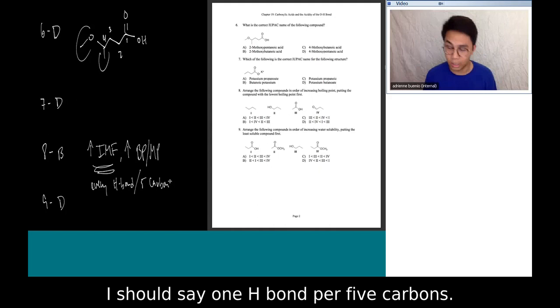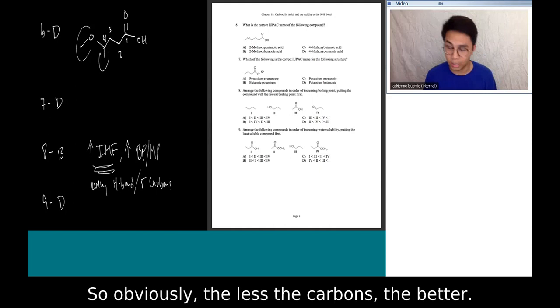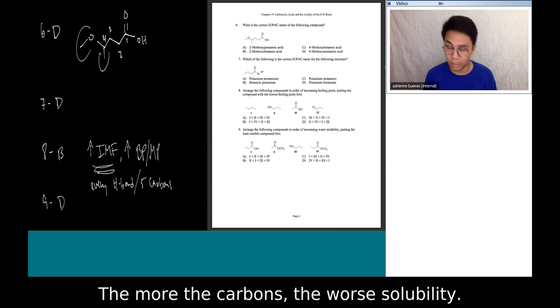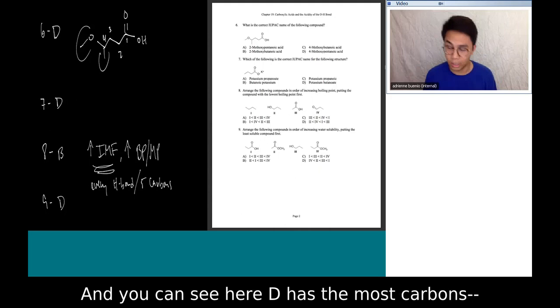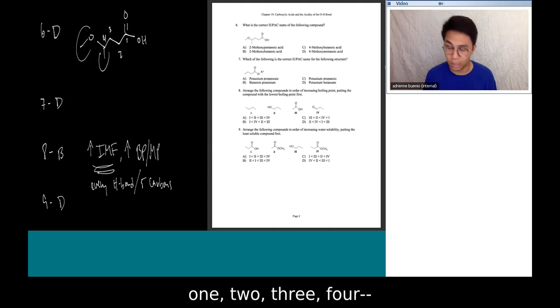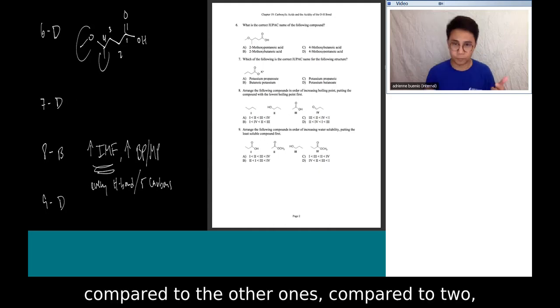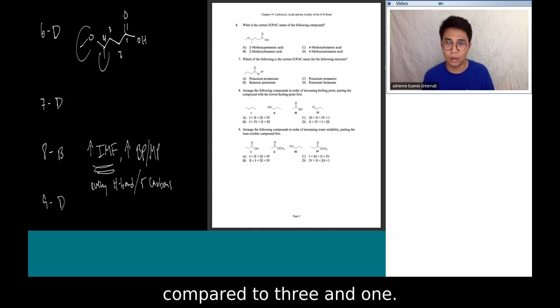Obviously, the fewer the carbons, the better. The more the carbons, the worse the solubility. And you can see here, D has the most carbons, one, two, three, four, compared to the other ones, compared to two, and three and one.